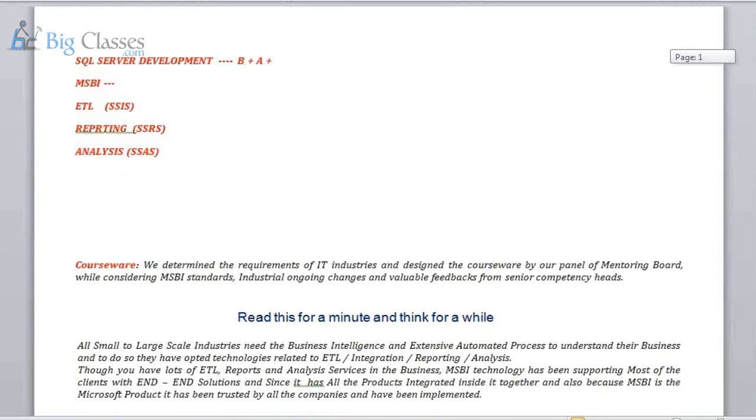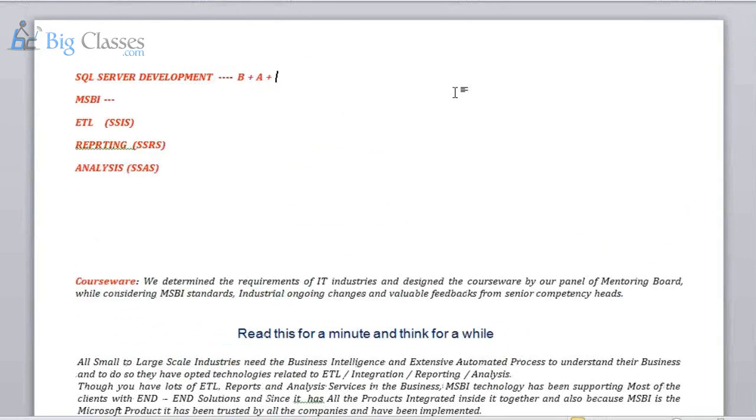So those kinds of advanced concepts would also be covered, and then interview questions will also be discussed in between the class. This module is carried out with each module of MSBI.